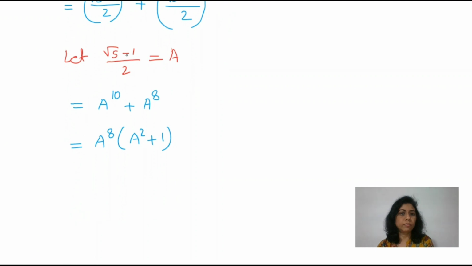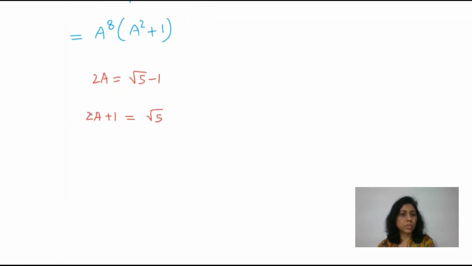Here (√5 − 1)/2 is a, so 2a = √5 − 1. Transferring the 1 to the other side, 2a + 1 = √5. Taking the square on both sides and applying the (a + b)² identity, we get 4a² + 4a + 1 = 5.